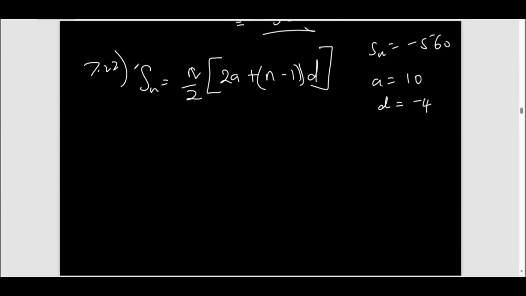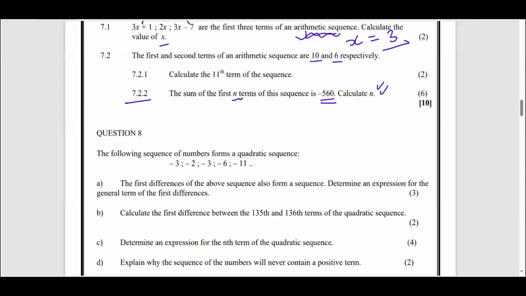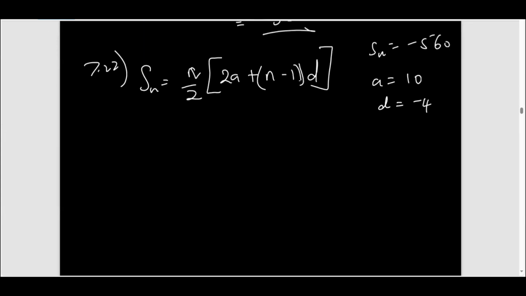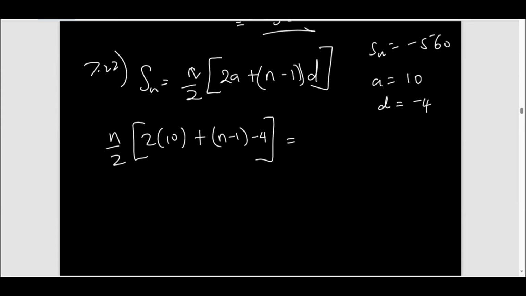All right, perfect. So negative 560, do we agree? Yes, perfect. Okay, let's substitute. I have n over 2 into 2 times 10 plus the n minus 1 into negative 4, which should be equated to negative 560. I can start by multiplying through by positive 2.